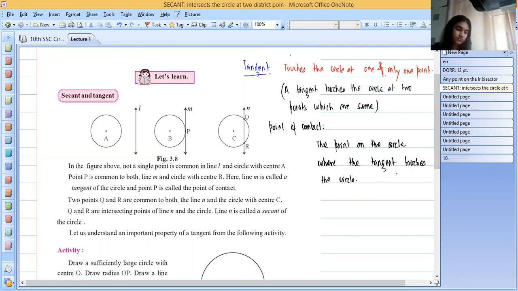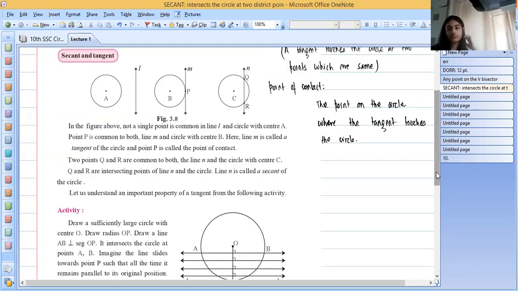Yes. That is called the point of contact. And the point of contact will be common to the circle as well as the tangent. Because it lies on the circle, it has to lie on the tangent.